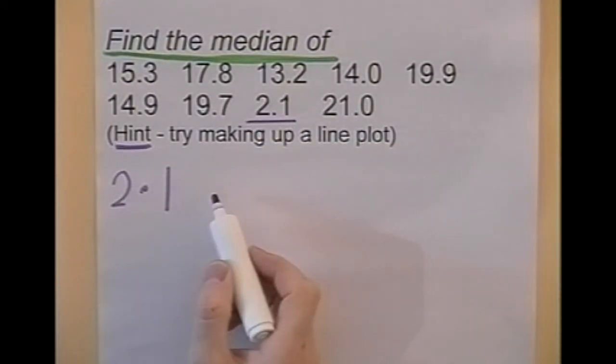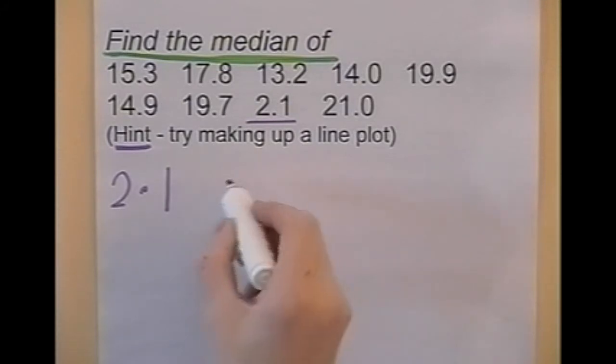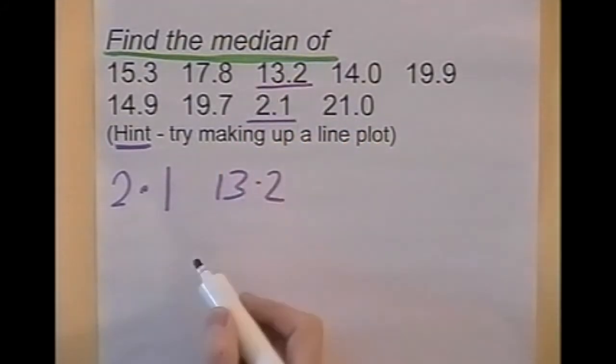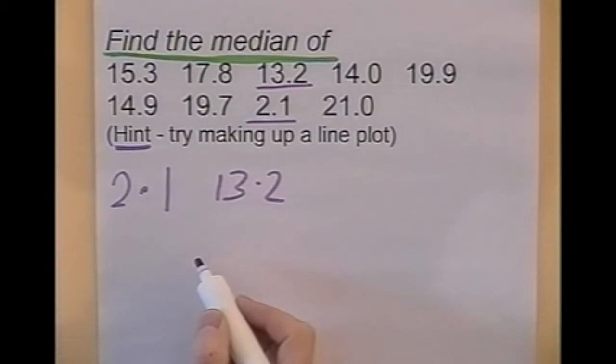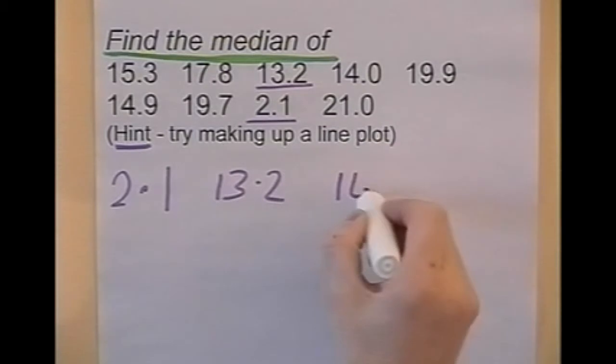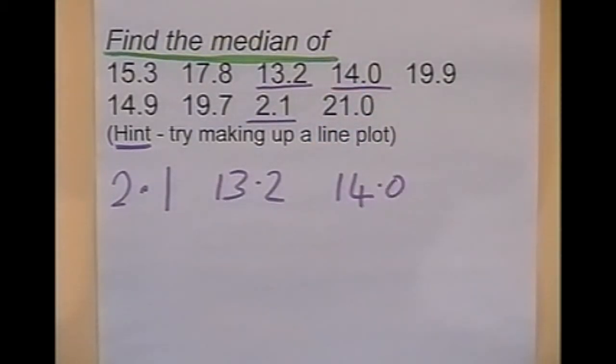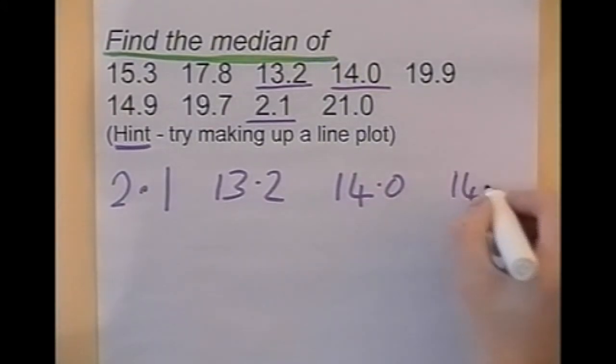The next lowest here is 13.2. The next lowest after that is 14. The next lowest after that is 14.9.